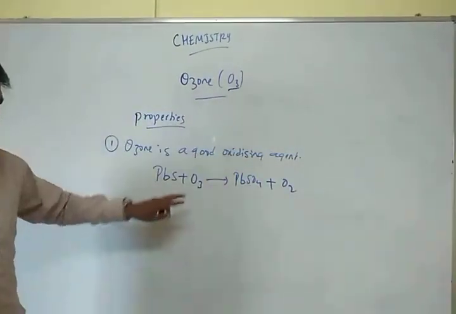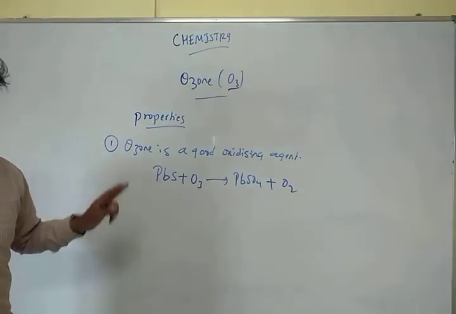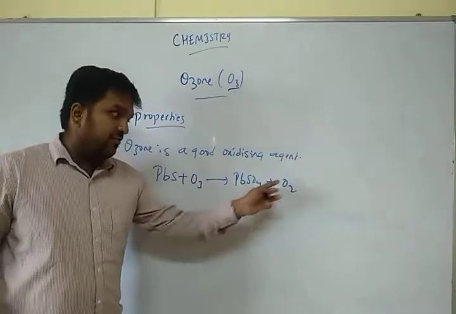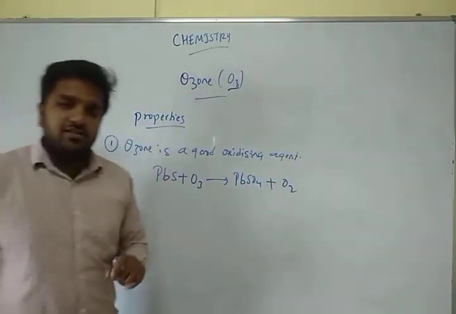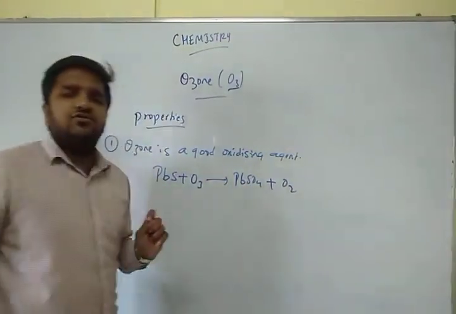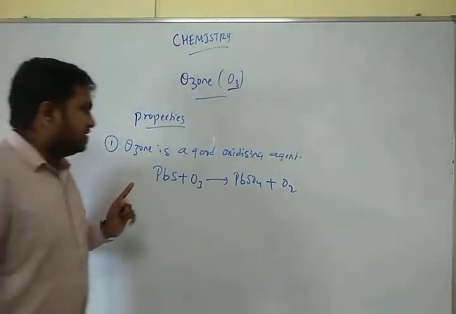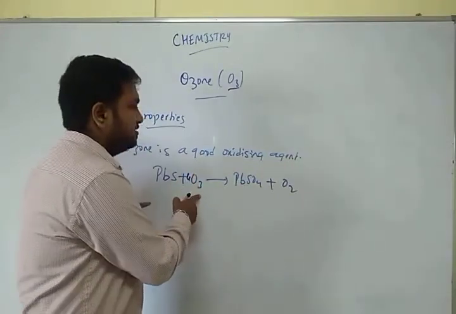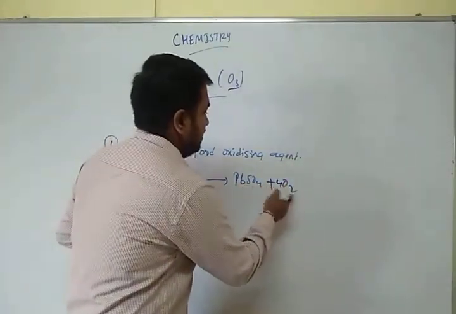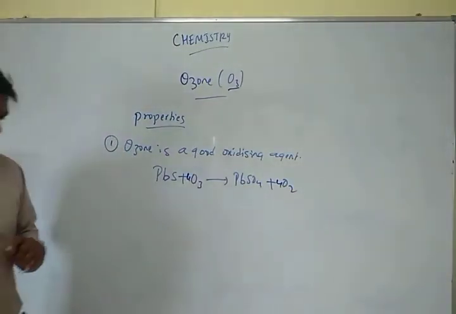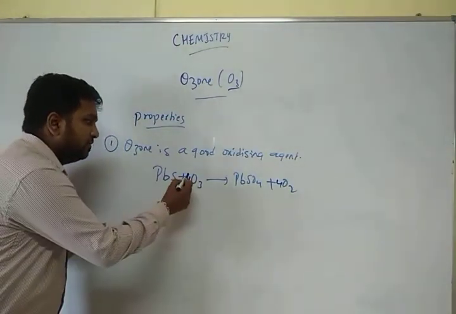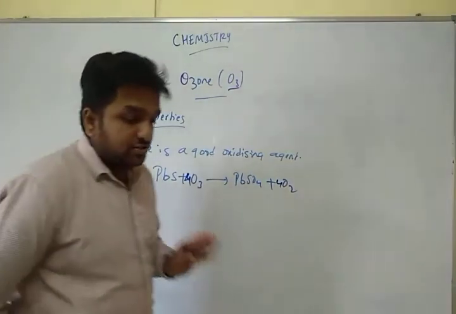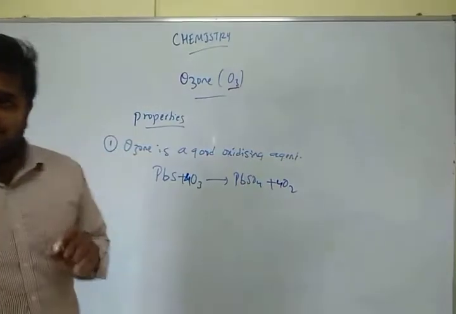Clear? So when ozone is treated with PbS, that is lead sulfide, it produces lead sulfate with the liberation of dioxygen as the byproduct. So this reaction is not balanced. Oxygen 3 and oxygen 4, so 4 O3 plus PbS gives PbSO4 plus 4 O2. Yeah, now it is a balanced reaction.